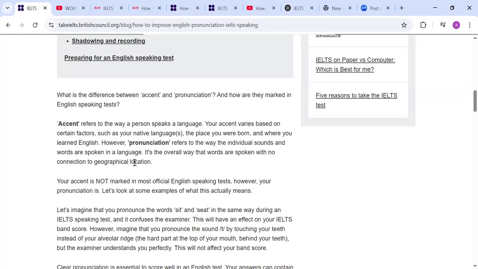When you listen to different people, you will see that people have different accents, even if they are speaking the same language. You will even notice the difference in the way Pakistanis and Indians speak English. They have different accents while speaking this language. Pakistanis have a different accent, British people have a different one, Americans have a different one. So it involves many factors like your native language and the place you were born.